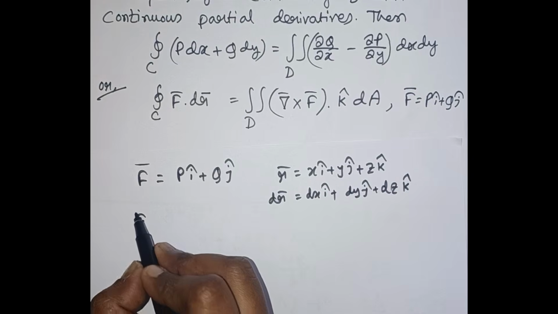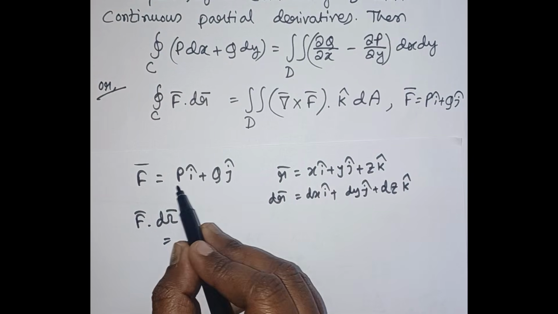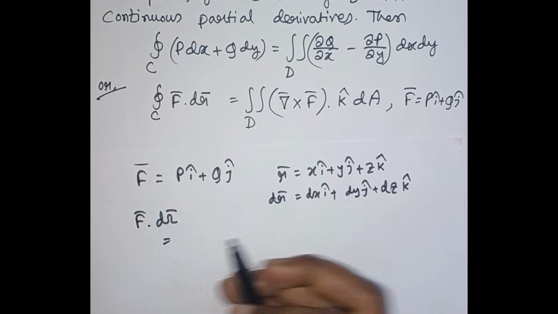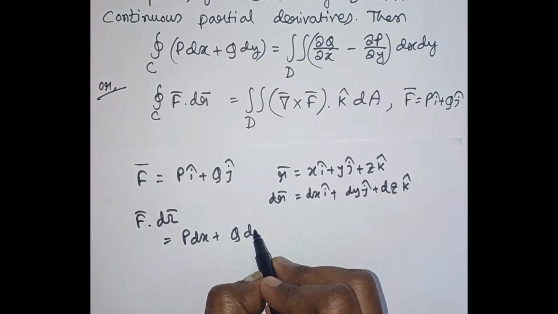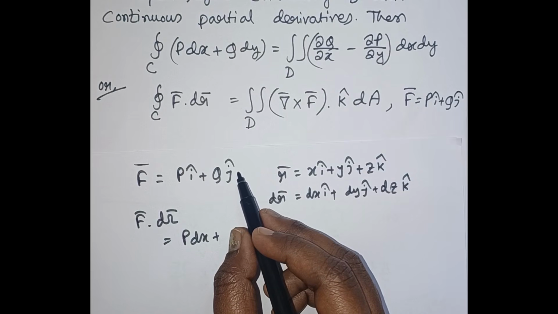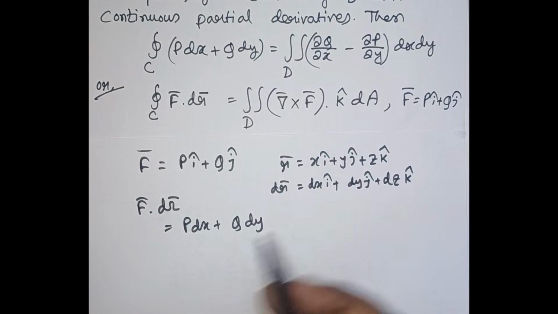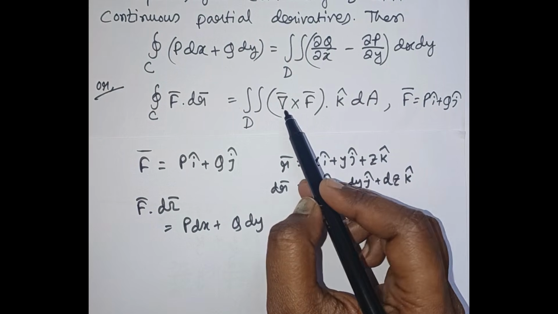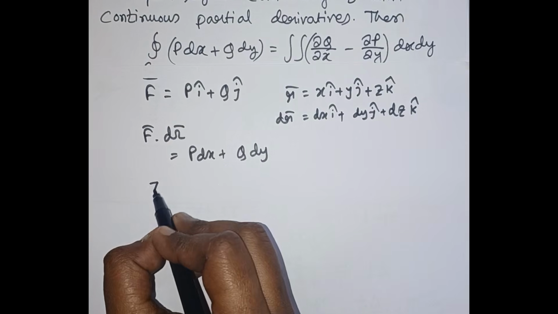Then if you calculate F dot dr, we have P dx component-wise multiplication, so P dx plus Q dy plus R dz, but since the z portion is 0 in this case, only P dx plus Q dy remains. Hence we obtain the LHS, that is the line integral of P dx plus Q dy.